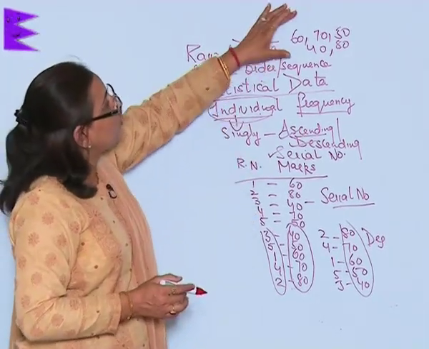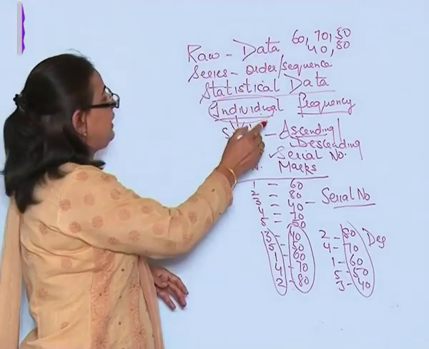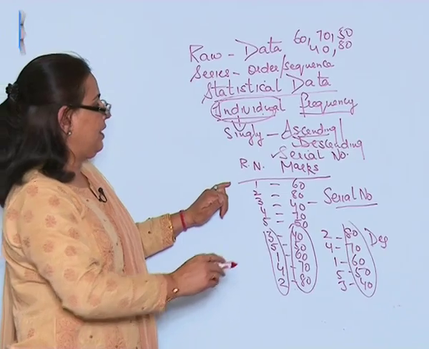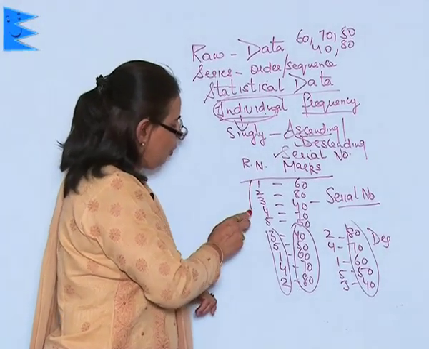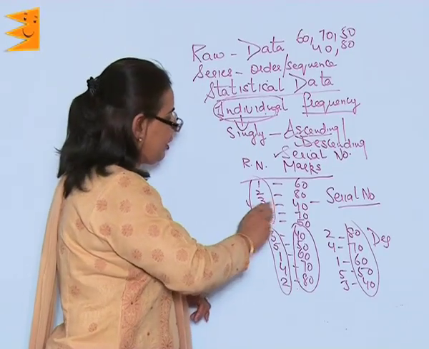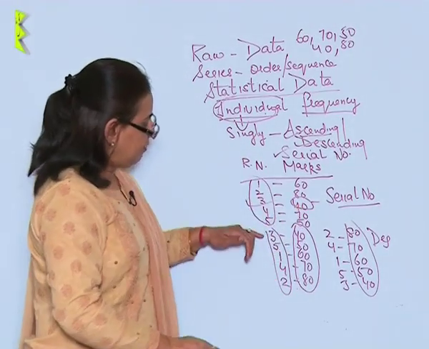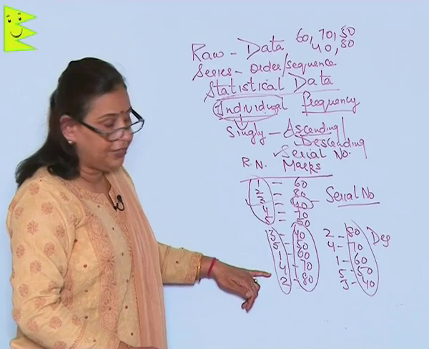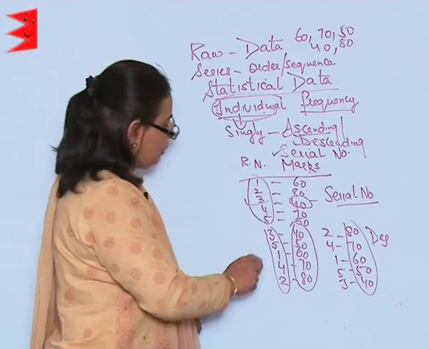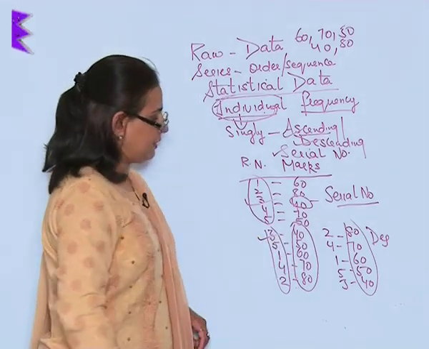Thus, this raw data, when it is presented in individual series, is presented in three forms. It could be in serial number, roll number 1, 2, 3, 4, and if somebody asks you roll number 3 has got how many marks, you know 40 marks. When it is presented in ascending order, somebody asks you which is the least marks and by whom, you will say roll number 3, 40 marks.